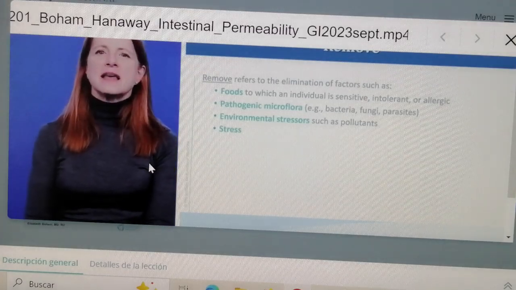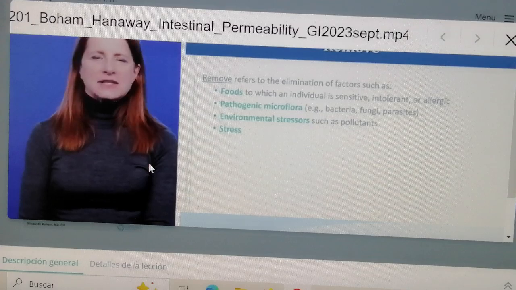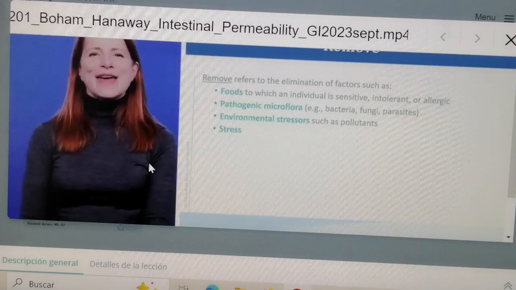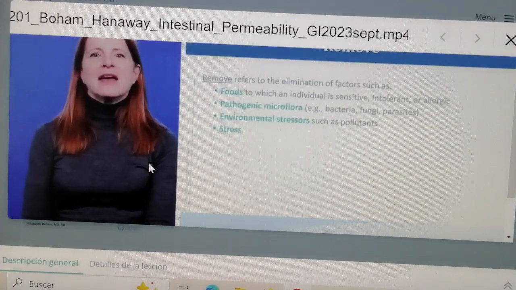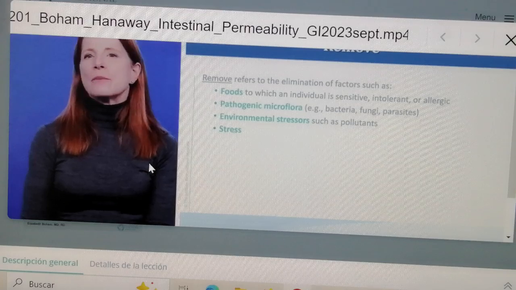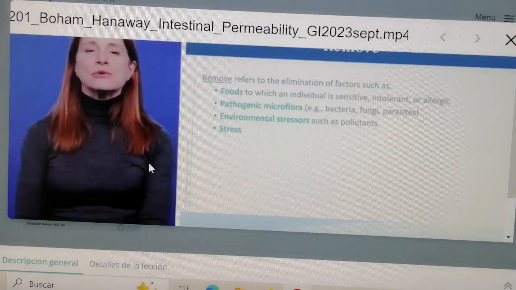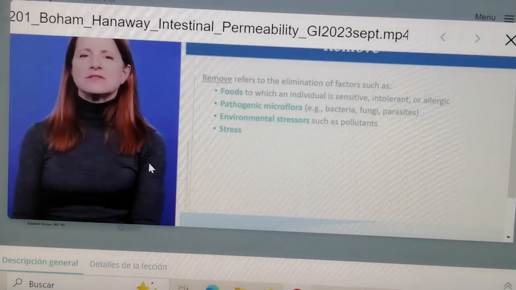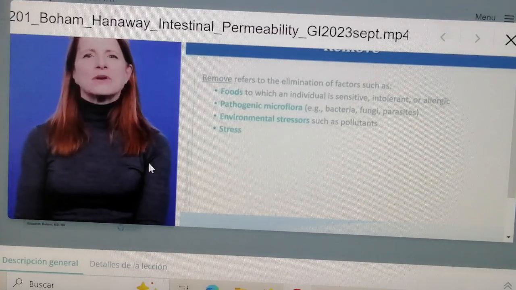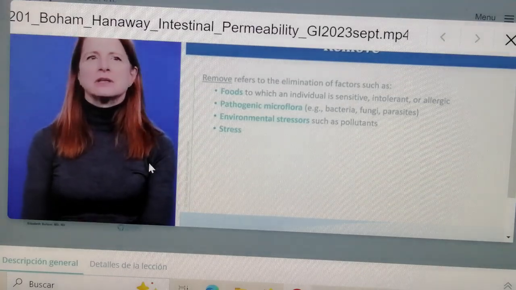And the idea is that this is for a period of time. Some of these foods you're going to be able to add back in. And so you may be just removing them for a period of time and able to add that back in the future. Other foods, for example, people who are really reactive to gluten, you may not be adding that back in because that may just cause more inflammation.